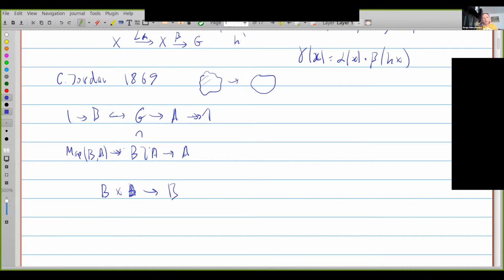The corresponding wreath product of B and A over the action of B on itself is usually denoted by these letters, and is called the regular wreath product.